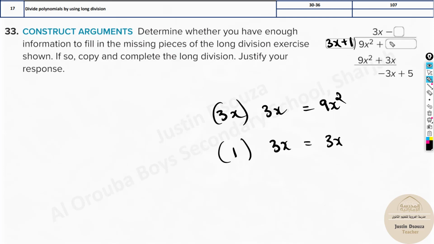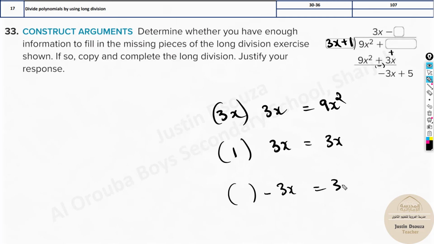We don't know this dividend, right? How do we do that? Now, look over here. We are basically adding these both up, but the sign changes here, okay? Adding these both up, the sign changes, and the answer is this. So you're basically adding some unknown number to minus 3x.